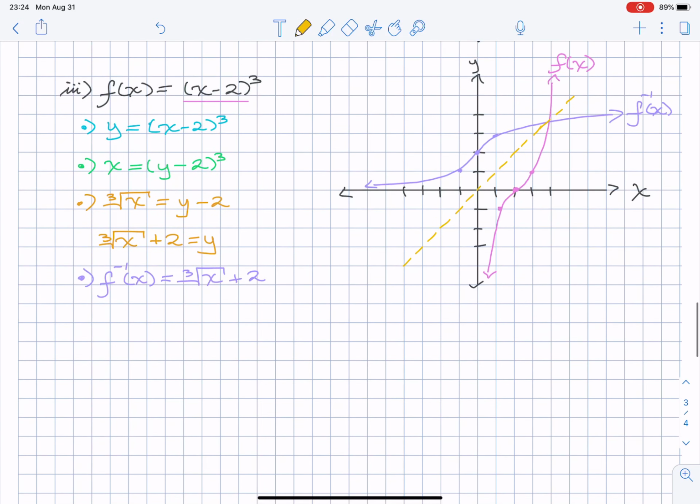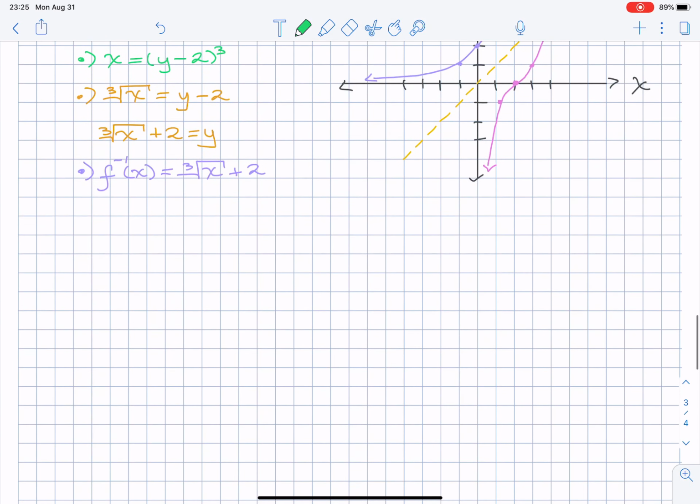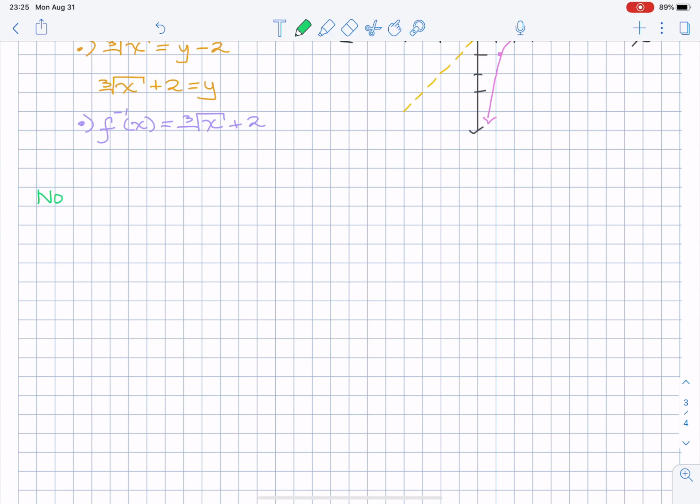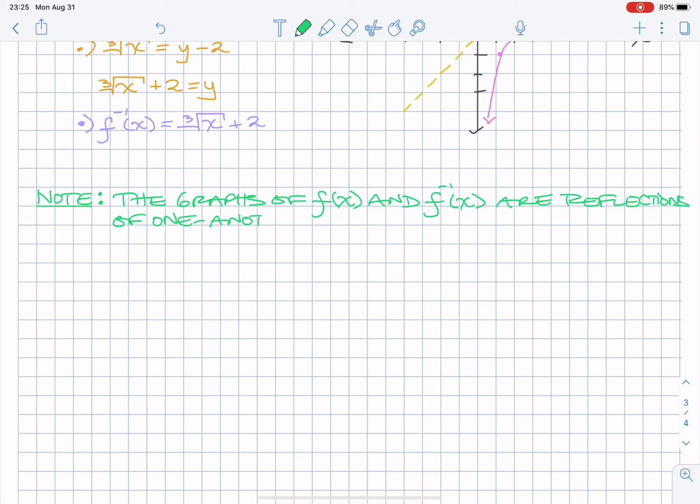Okay, so let's note, what have we discovered then? Note that the graphs of f of x and f inverse of x are reflections of one another across the line.